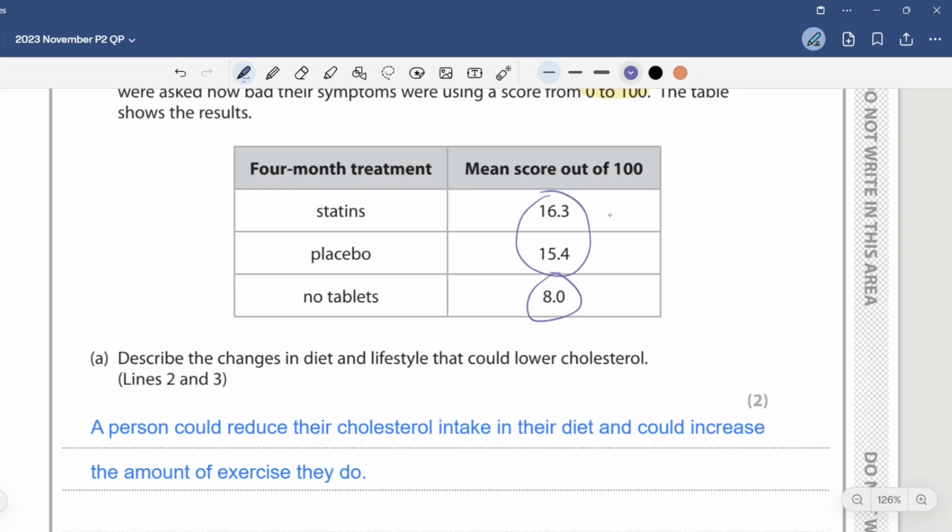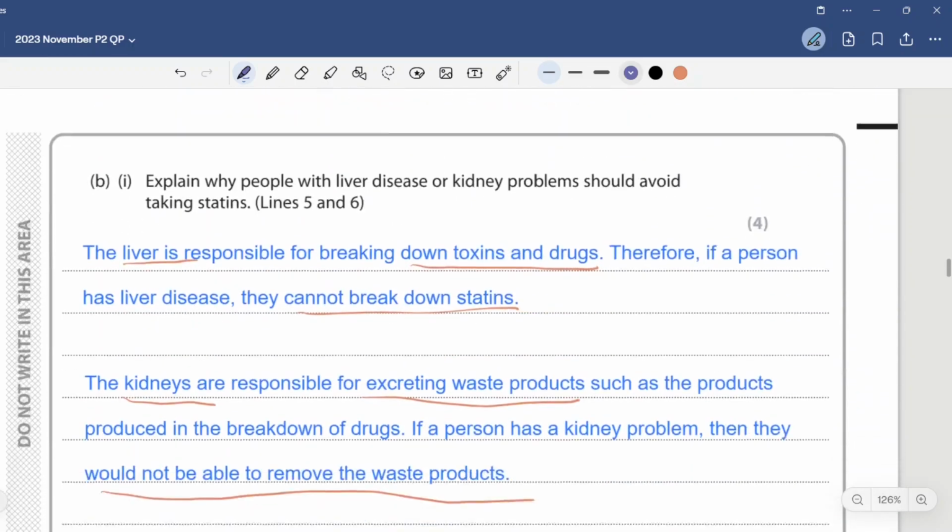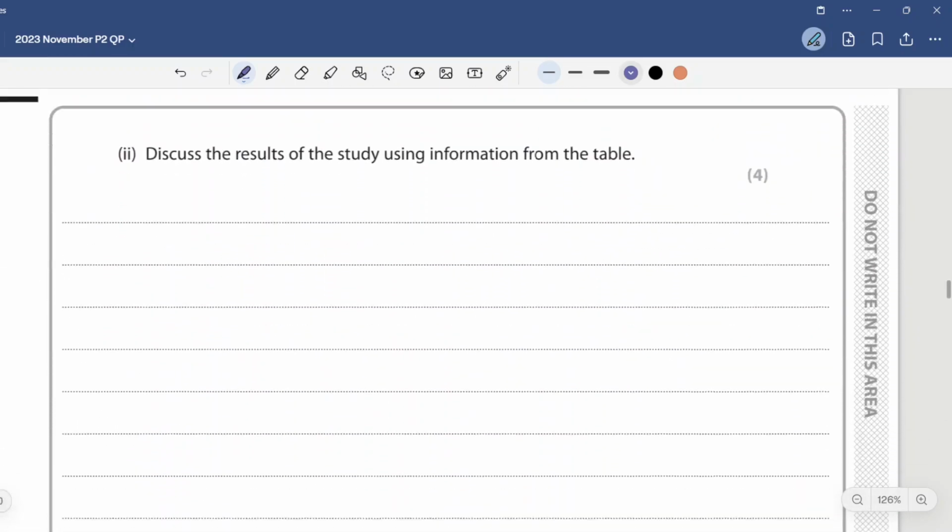But if we compare these two only, we can see that these scores between the statins and the placebo are quite similar. So this means that the symptoms might not be because of the statin, but because of something else. For example, their lifestyle or their diet or what they're eating. Okay, let's scroll back to part 2.